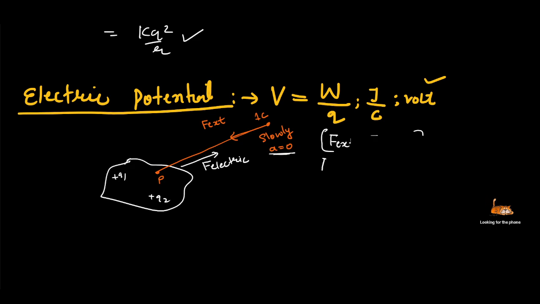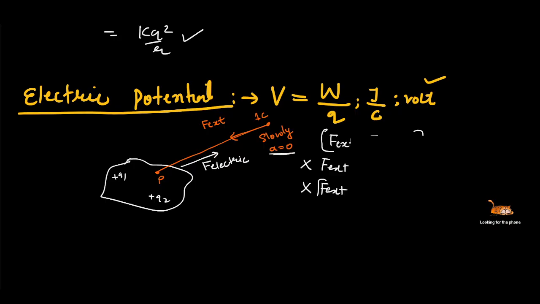If my external force is more than the electric force, A is not 0; we are not dealing with that. If my external force is less than my electric force, that means the electric force is dominant, so my particle will not be at point P. The push will be more.